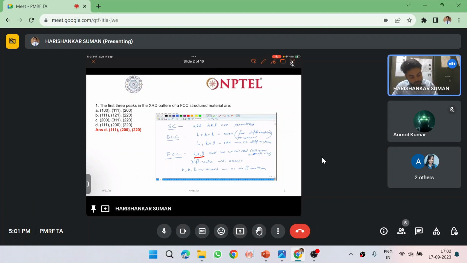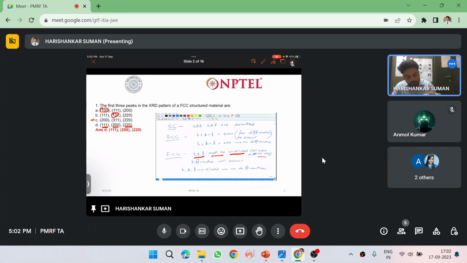HKL must be unmixed for FCC, which means all are even or all are odd. You can see this is all even or all odd, and this is all even. In other options this is not possible.